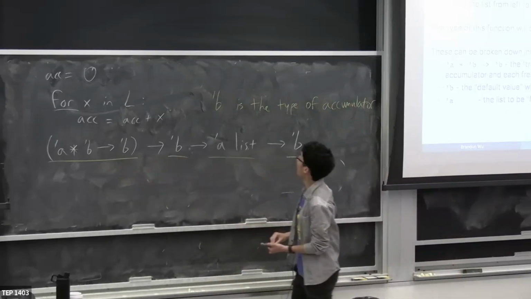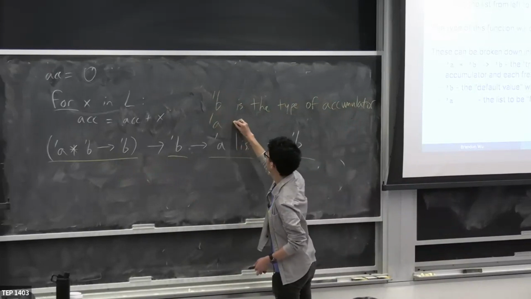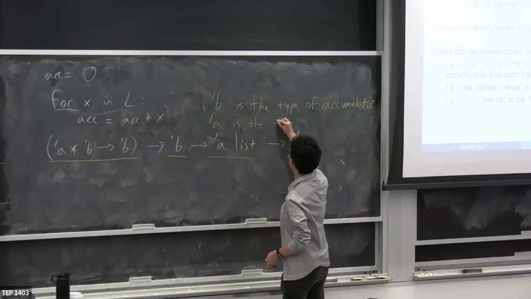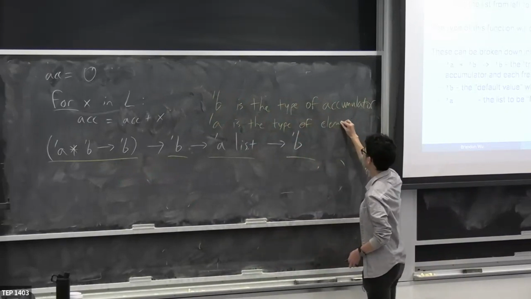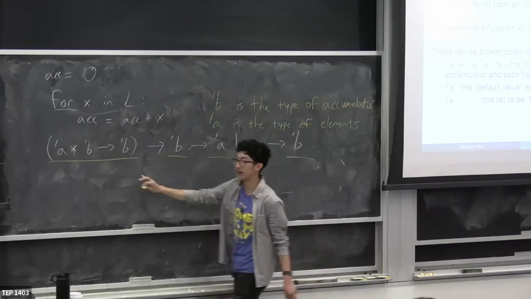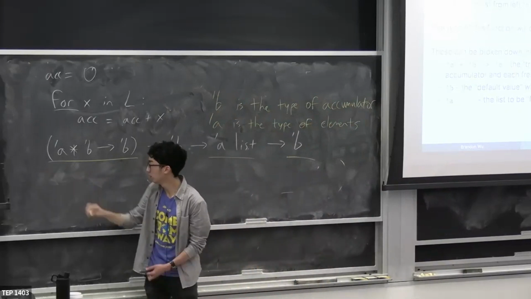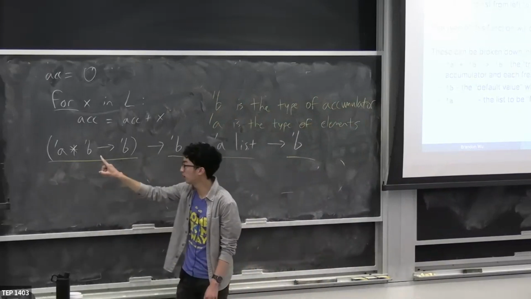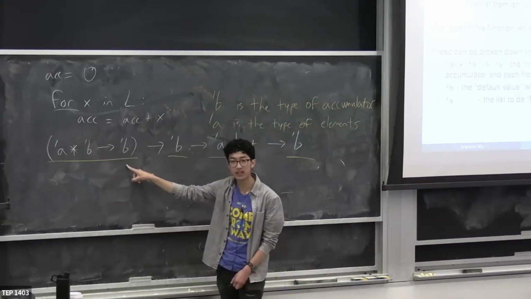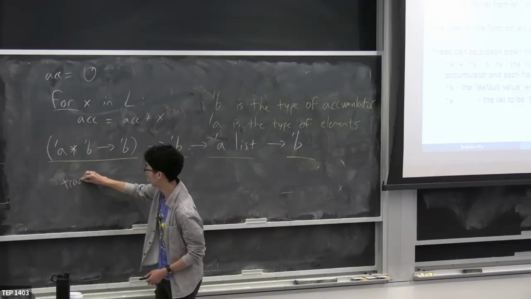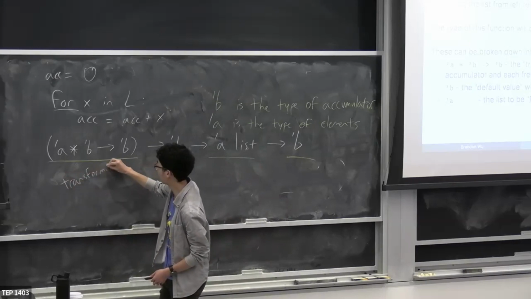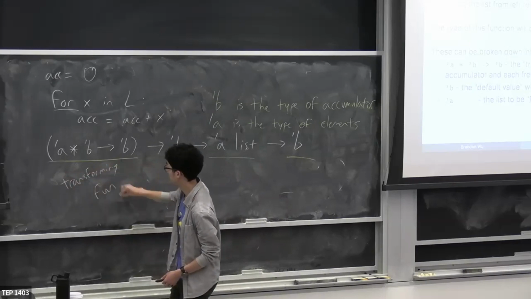And then alpha is the type of elements that I'm using to transform my data. So if I'm folding with this, I'm taking in a function that uses an element from the list, it uses an accumulator, and it produces a new accumulator. I call this the transformation function. It's the function I'm calling for every element in the list.